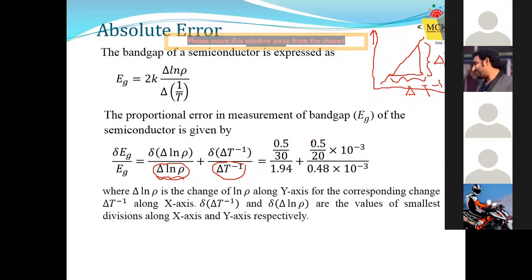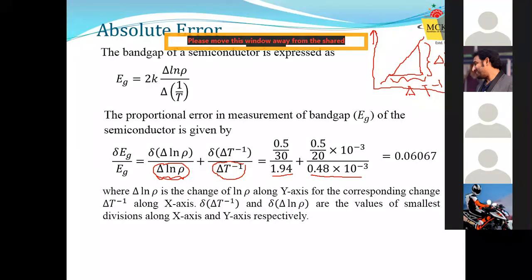So what is one smallest division? One smallest division is 0.5 divided by 20 into 10 to the power of minus 3. And this, you remember, is the value of the height of the triangle, and this is the base of the triangle. So you put everything in there, and the proportional error that you get is 0.06067. So that is the proportional error.